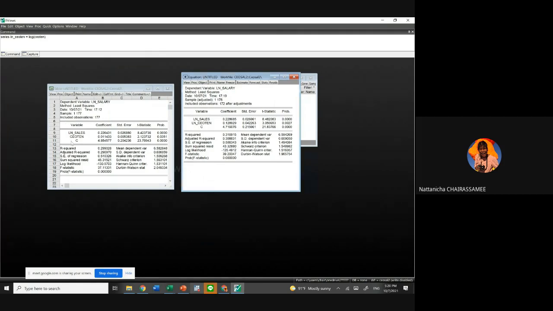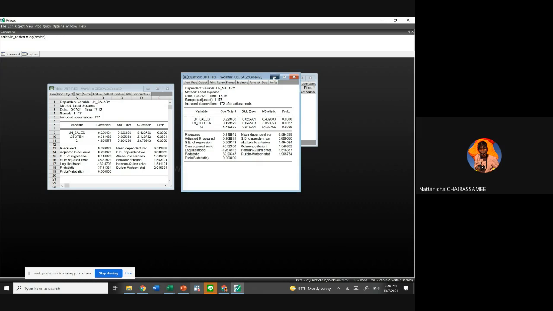In the first result, CEO tenure is in the original form, right? I did not do anything with it. So you can see that the sample here is 177 observations. And when you take a look at the second result, it has already adjusted the observations for you. It says that the included observations are only 172 after adjustment.